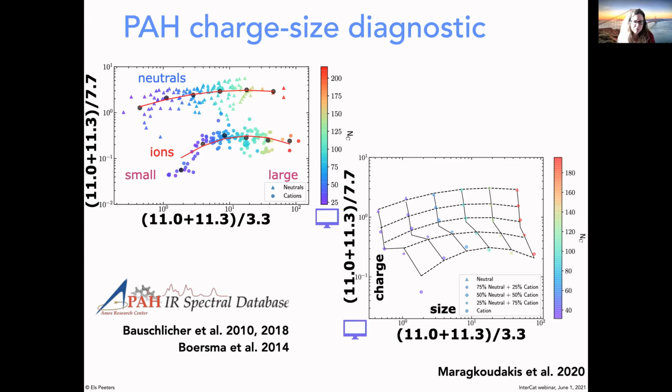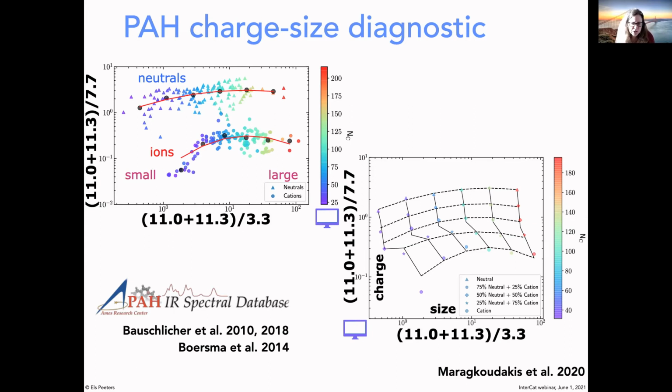And you can see that we nicely divide out the ions and the neutrals. So the top curve are the neutrals and the lower curve are the ions. And from left to right, you go from small PAHs to large PAHs as indicated by the color code of the symbol.